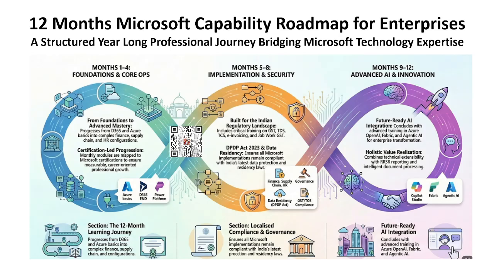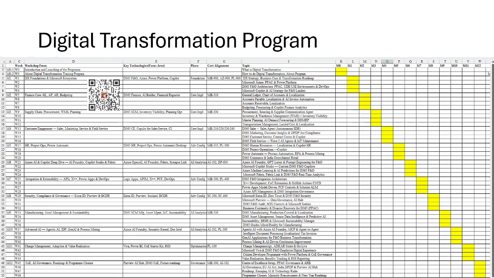So this is the whole journey and how we have created this whole program. Here you see we divided the whole program into 12 months. In each month we'll have 4 workshops, so there will be 48 workshops in total. Based on whatever we have discussed just now, those breakups are given here.